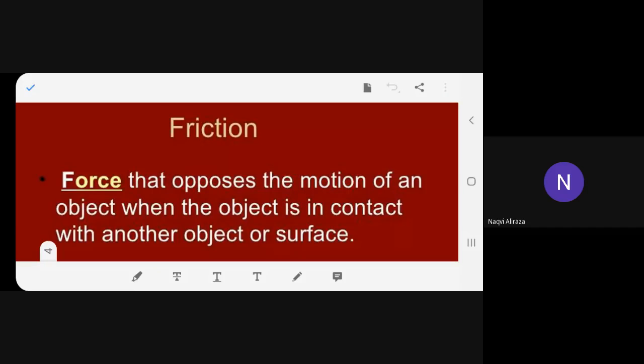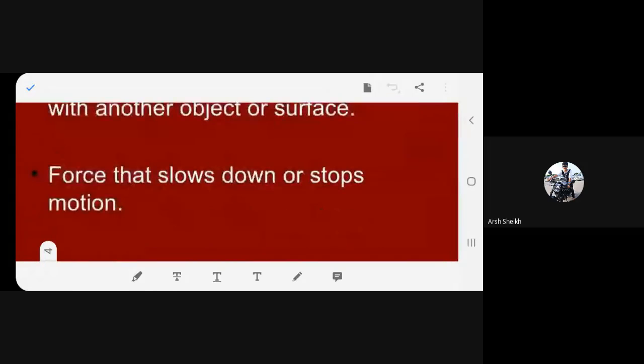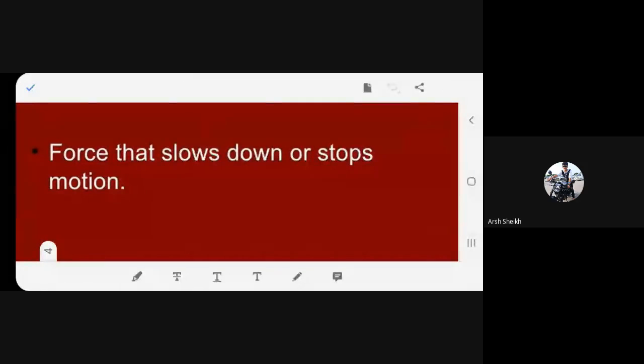Friction is the force that opposes the motion of an object when the object is in contact with another object or surface. Then, this is the second point: force that slows down or stops motion.